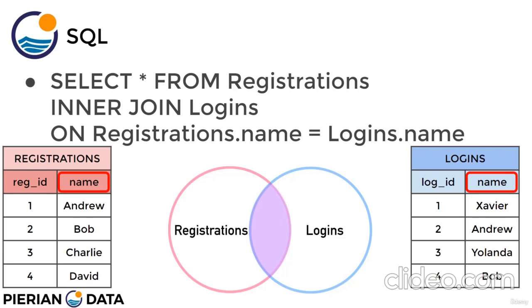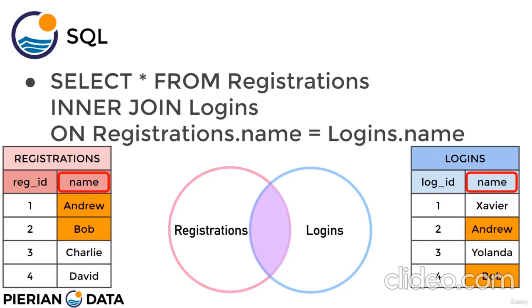And keep in mind, you could swap any of these orders around because it's an inner join, it's symmetrical. It doesn't really matter if we're saying select from registrations, inner join on logins, or select from logins, inner join on registrations. And you can also swap around that on equals sign to be something like on logins.name equals registrations.name. Okay, so here we're just generally showing the syntax, and we're looking at that name column. Then we look at, well, where do we have a match in both tables?